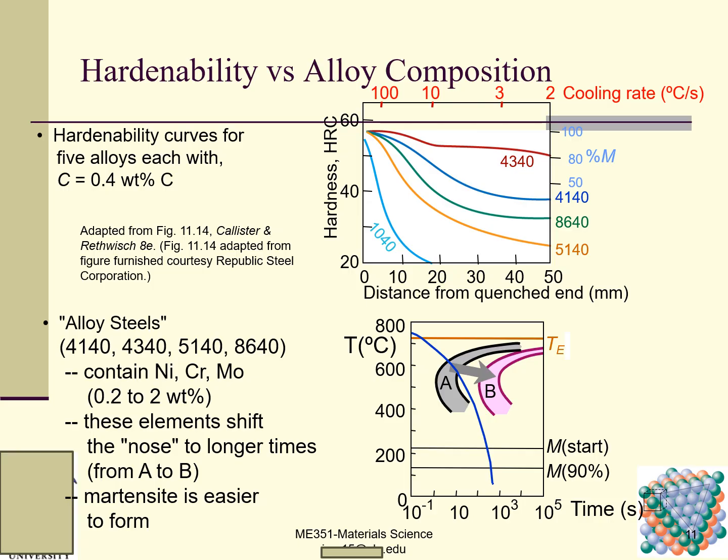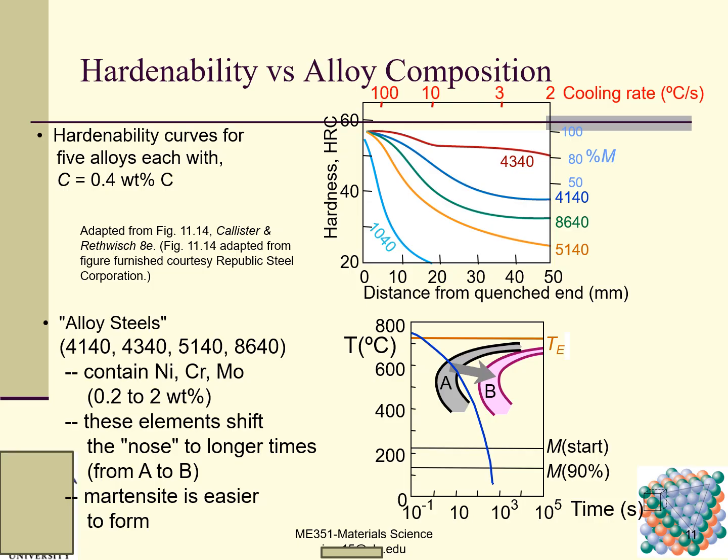If we have alloying elements in the steel, these alloying elements tend to retard or push the begin curve, and this completion curve, of the phase transformation.